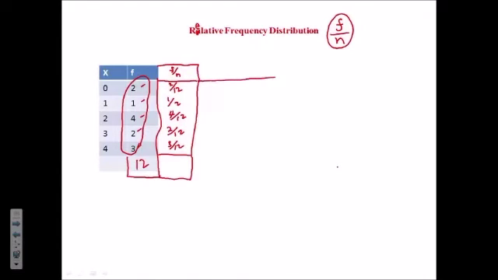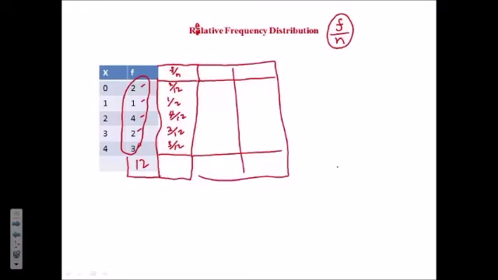Now, you could write this in different ways. I could write f over n, the relative frequency, in different ways. For example, I could change each of these fractions to a decimal number.